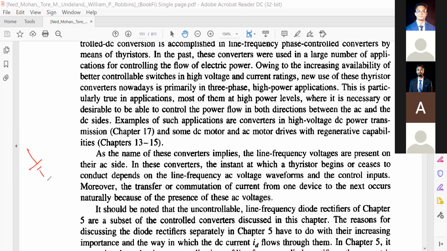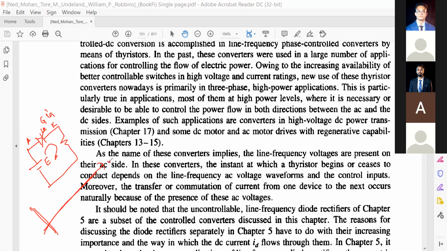Suppose you have a DC and you have a thyristor like this. This is your anode, this is your cathode, and this is your gate. You know all these things, right? With your postgraduate students. Now, if you apply the gate current here, then the thyristor will be turned on and stay on forever. You know it, right?